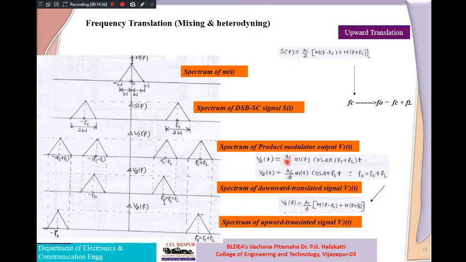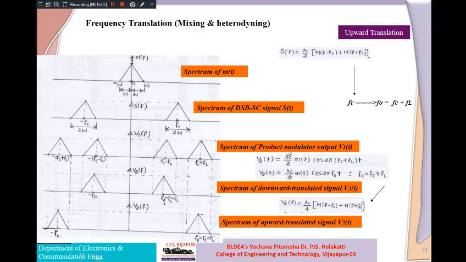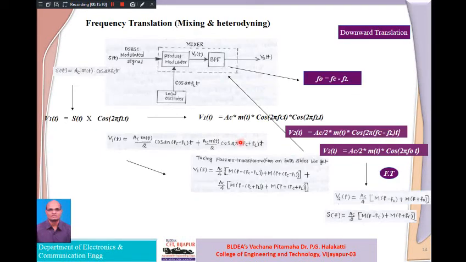The output v2 of t finally is like this: only fc plus fl will be selected. From this you are going to select only fc plus fl. Now your band pass filter tuning will be different, that's all. Apart from that, everything else remains the same up to this.